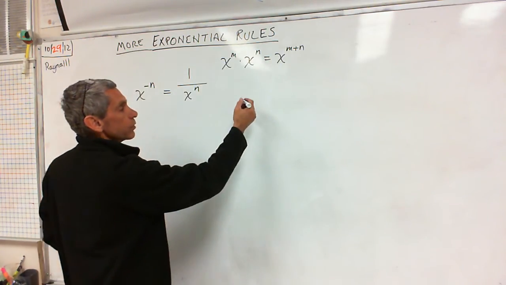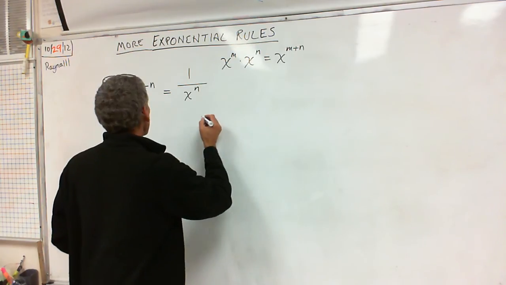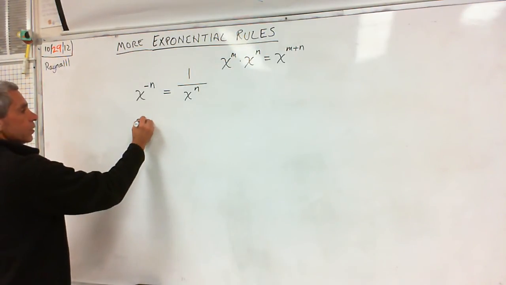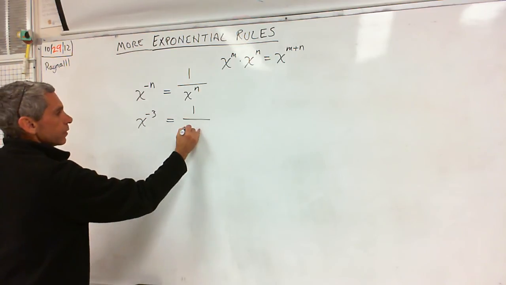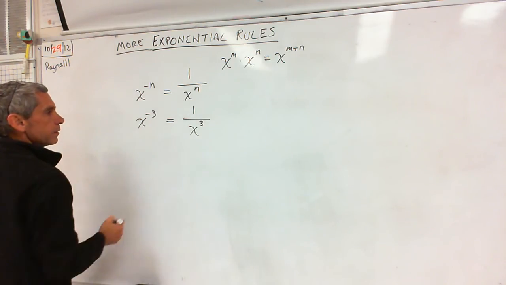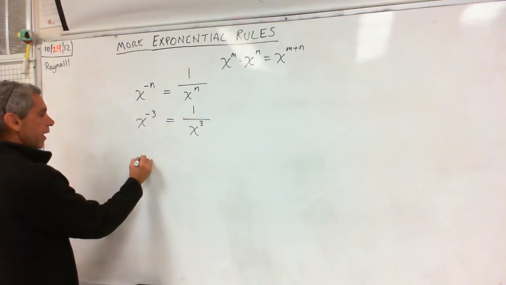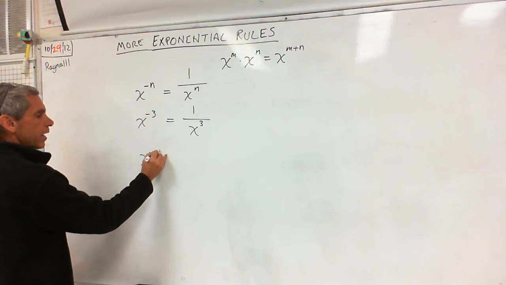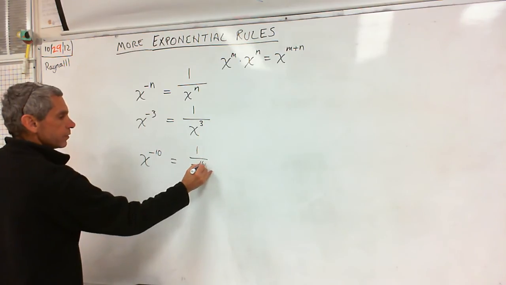So here's some examples. We've got x to the negative 3 is equal to 1 over x to the positive 3. X to the negative 10 is equal to 1 over x to the positive 10.